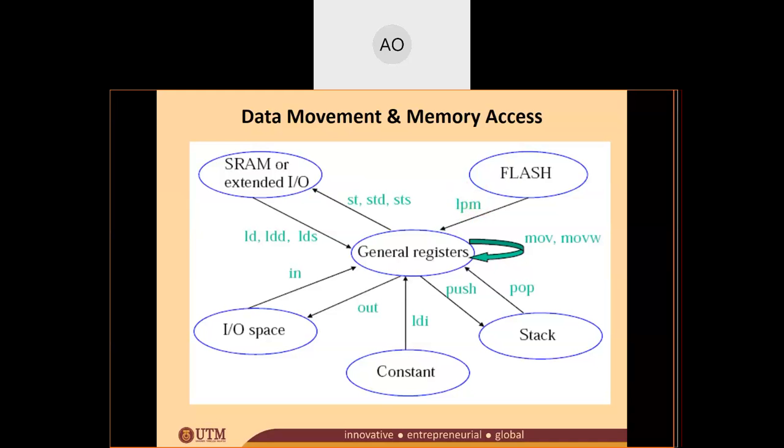And last but not least, if you're going to move data between your general purpose register and your stack, you can use either the PUSH and POP instructions. These PUSH and POP instructions you will learn in module 7, if not mistaken, 7 or 8, something like that. So now we are going to focus on this part here.